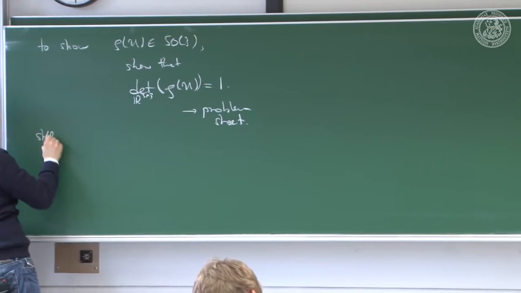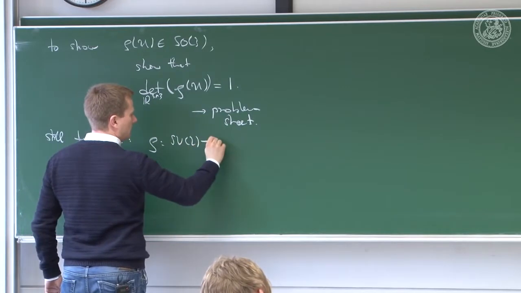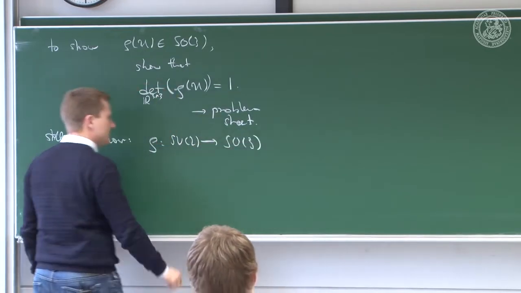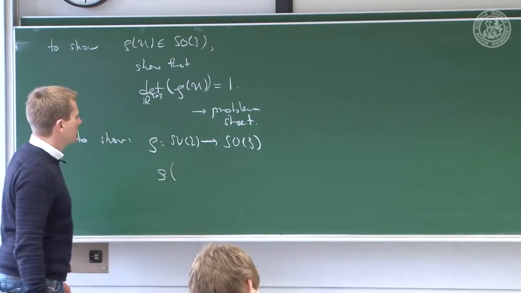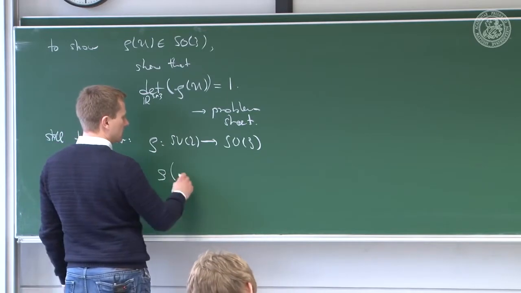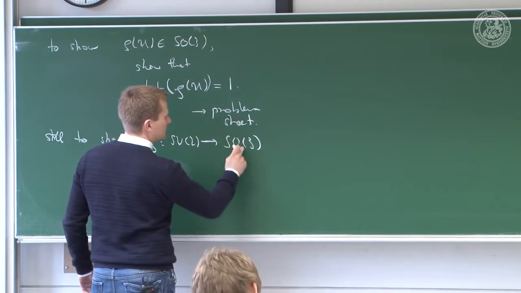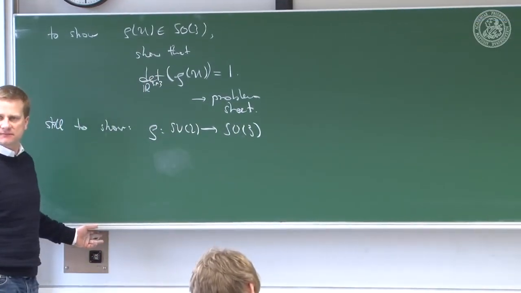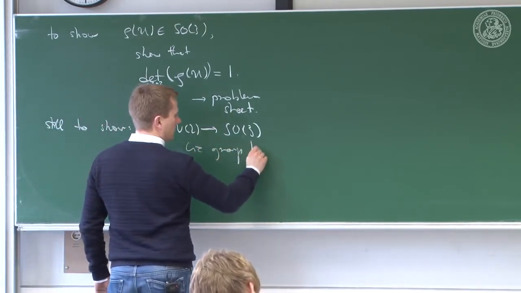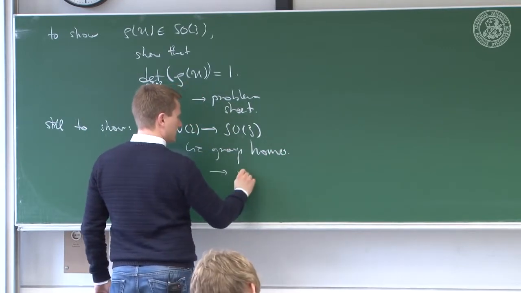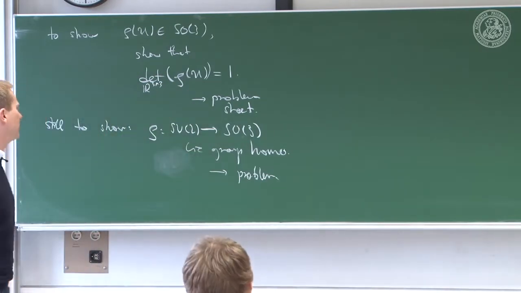Still to show that this map rho is a Lie group homomorphism, so rho of two guys from here, one after the other, is the same as the composition of the images. I also leave this to you, because it always works like the stuff we did before. Problem sheet.